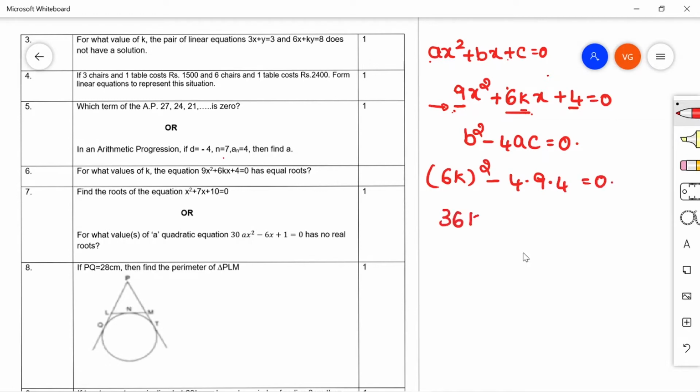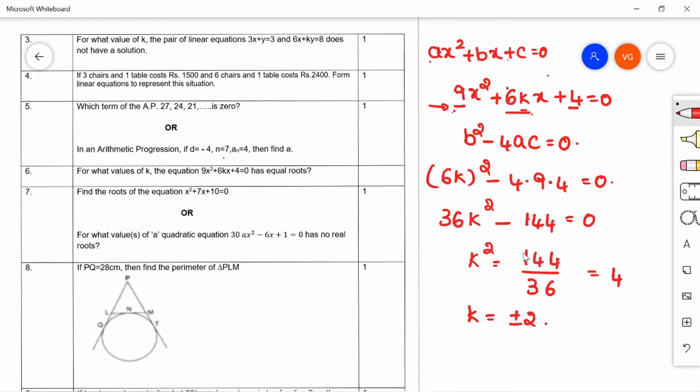This is 36k square minus 16 into 9, that is 144, is equal to 0. So k square is equal to 144 divided by 36, so you will get 4. So the value of k is plus or minus 2.